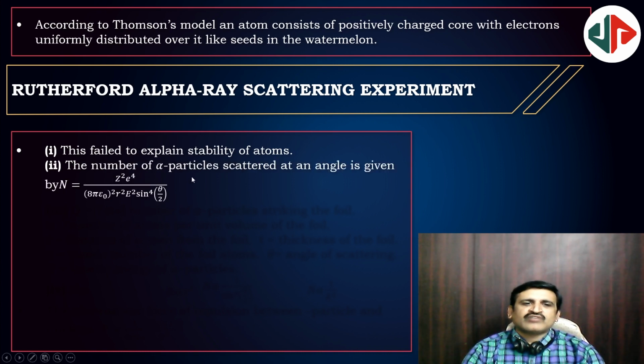The number of alpha particles scattered at an angle is given by Z square e power 4 by 8 pi epsilon naught square, and so on. It is such a big expression.